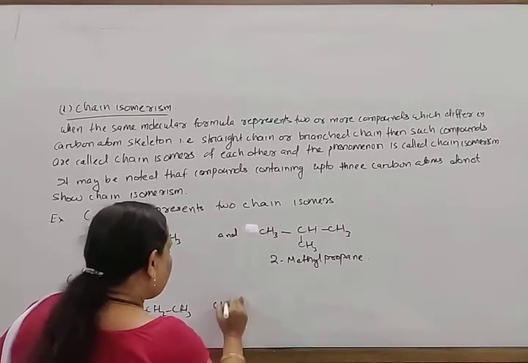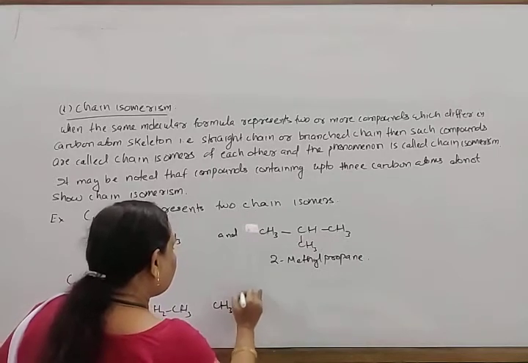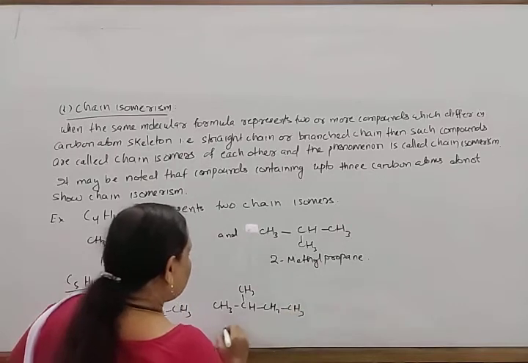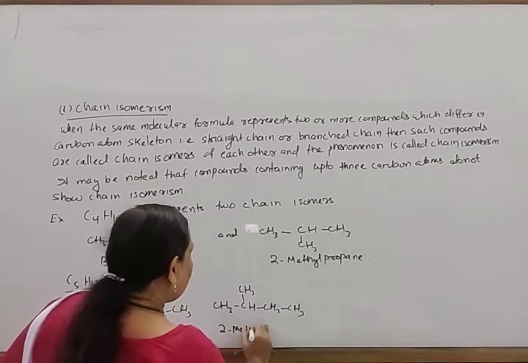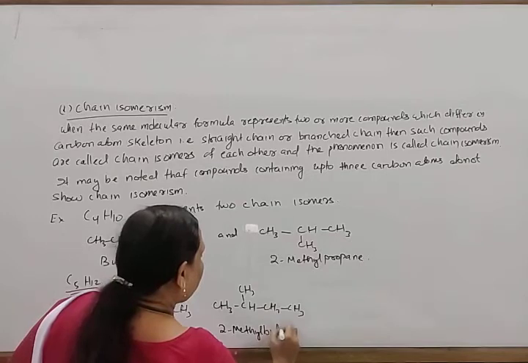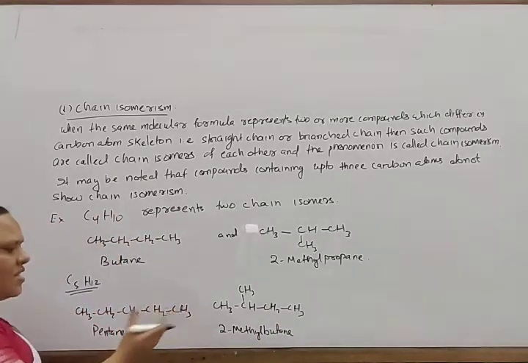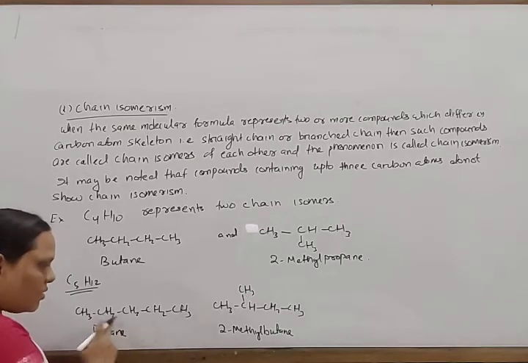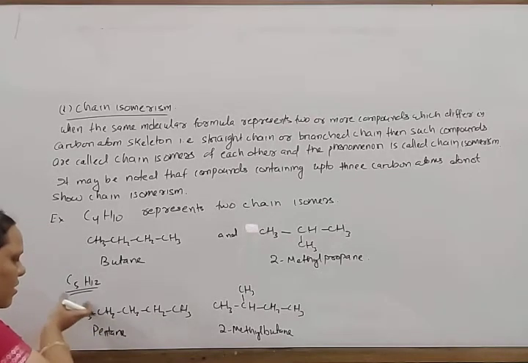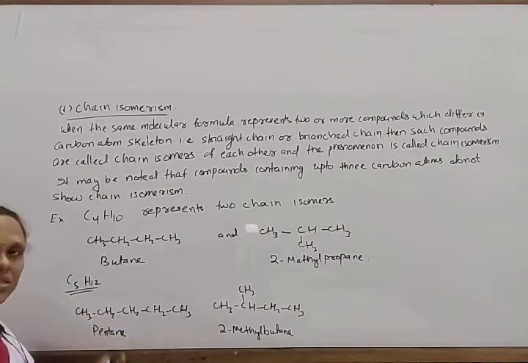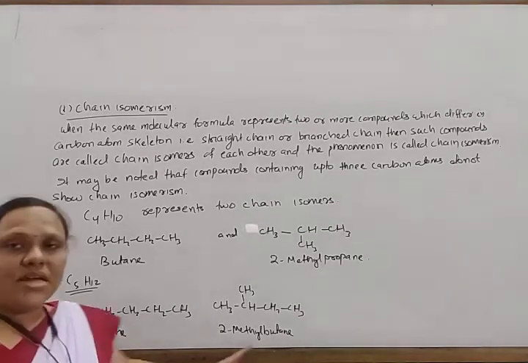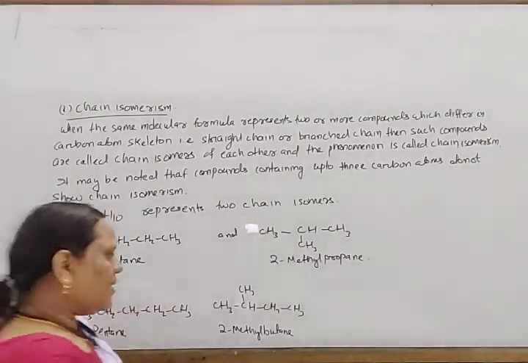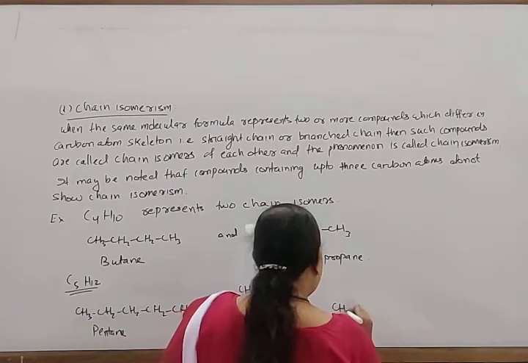Similarly, another we can write CH3, CH, CH3, CH2, CH3, which is 2-methylbutane. To write the chain isomer, remove one hydrogen from a non-terminal carbon and bring a methyl group there, join it there, so that you can get a different type of chain isomer.